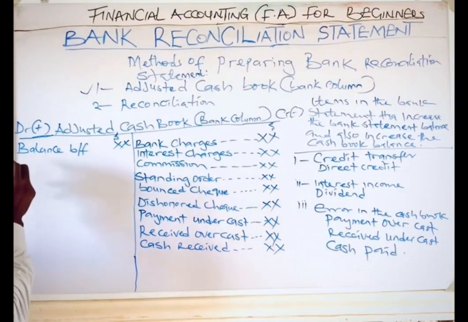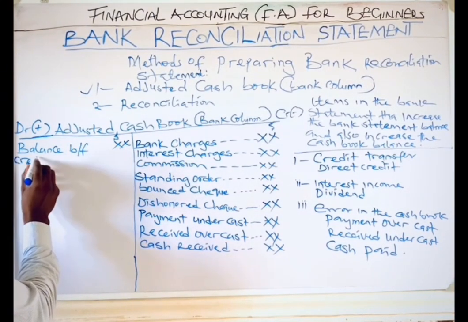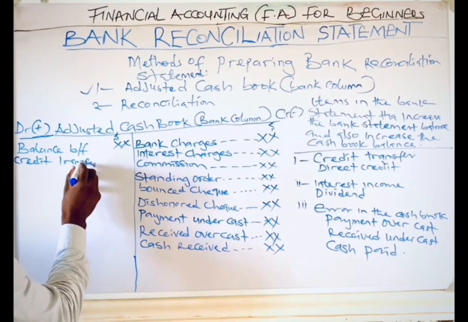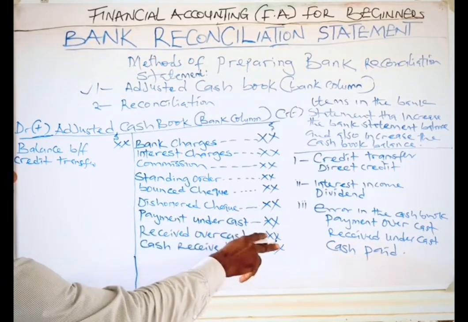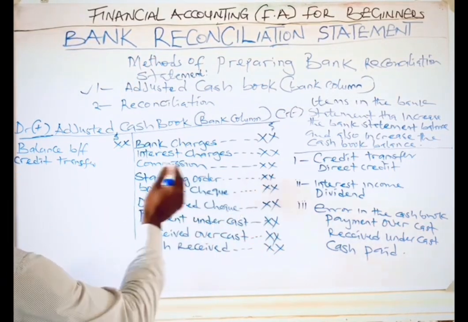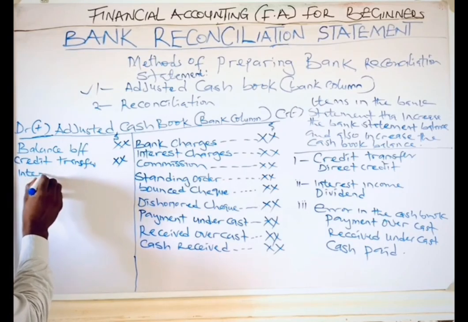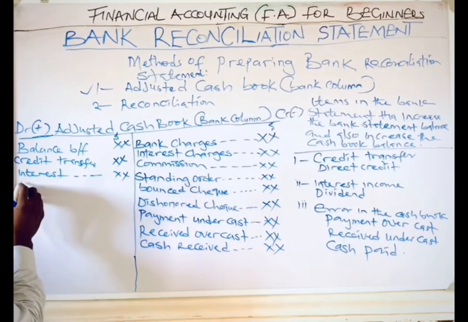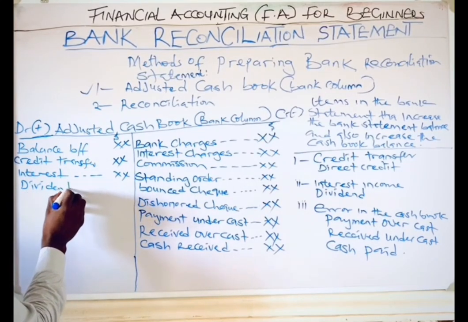So here will be credit transfer or direct credit. We use that credit transfer. Here will be interest. Then here we can use dividend. They all are interest.